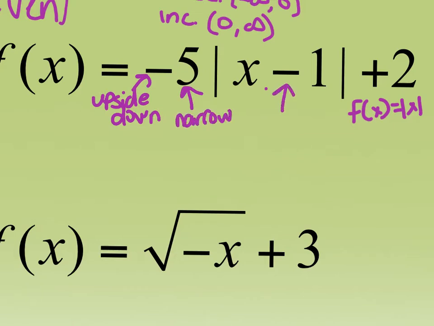The -1 inside, right 1, and the +2 on the outside, up 2. So odds are, obviously, on a test, we're doing something like this where there's multi-parts, okay? You're not gonna have like one shift. All right, so to the right 1, up 2, there's my vertex. It's upside down and it's narrow.